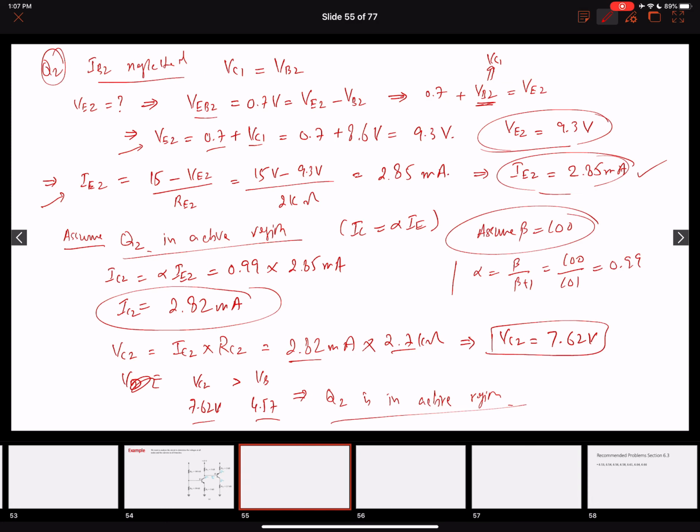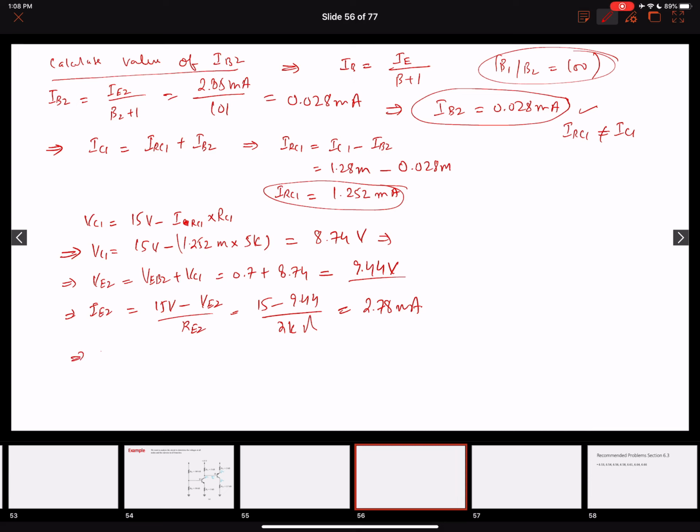Let's see what we did after that. After that, we assumed the transistor operates in the active region, and we found the collector current IC2, which can be found by alpha times IE2. Our value of alpha will remain the same, 0.99. So IC2 equals alpha times IE2, which is 0.99 multiplied by 2.78 milliamperes.